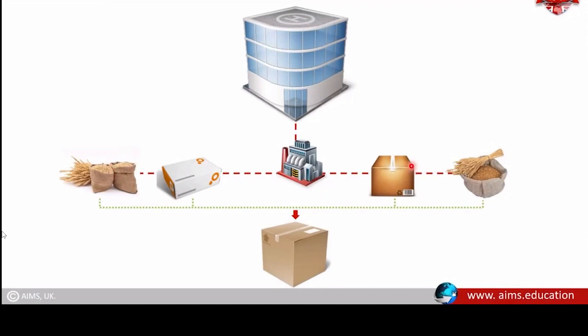So for example, may manufacturer dito ng flour, may manufacturer ng RMs or packaging material. May manufacturer dito ng, like for example, sabihin natin sugar or something, but they only produce one goods. Iba't iba yung manufacturing plant of raw materials, but then isa lang yung product na ipinoproduce nila.